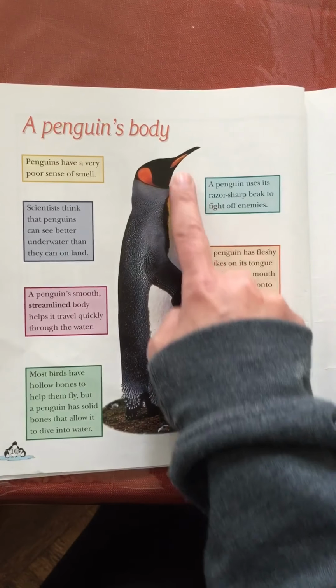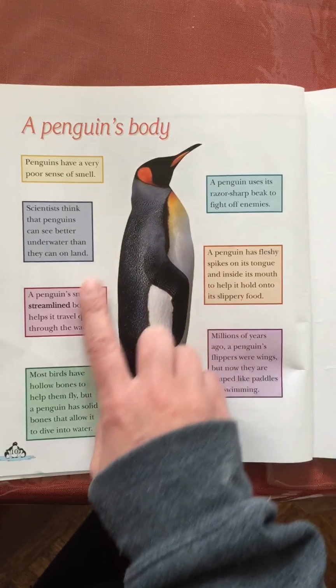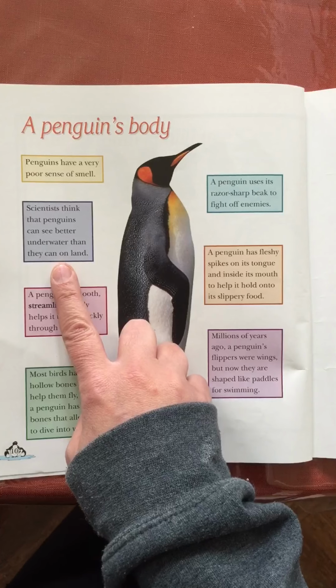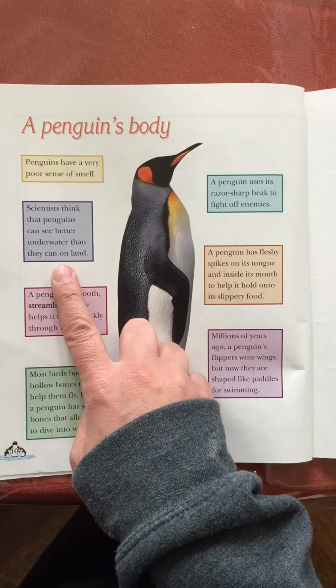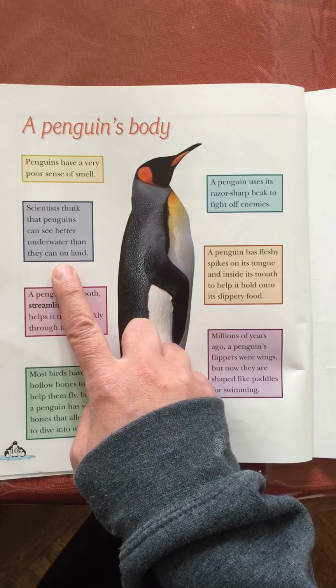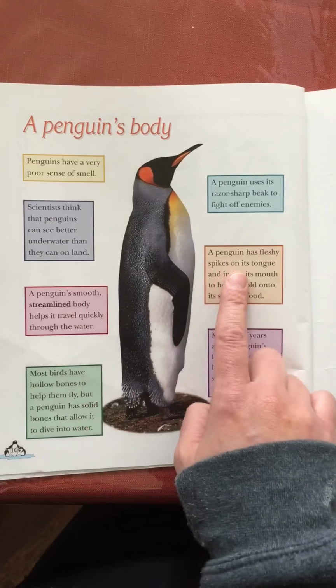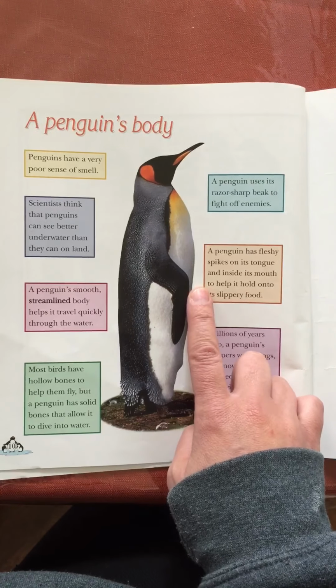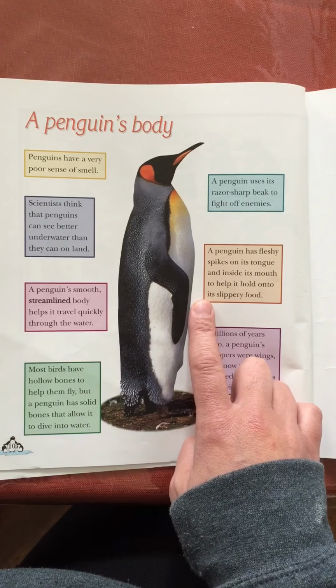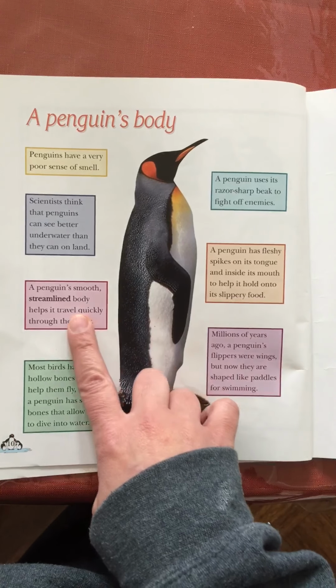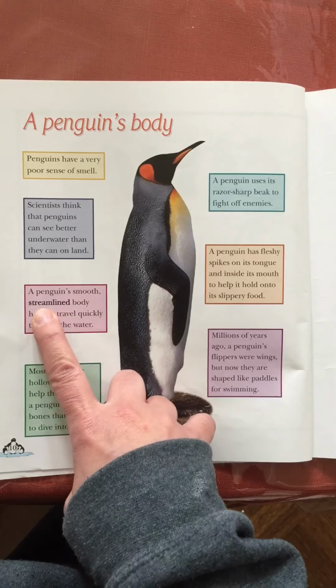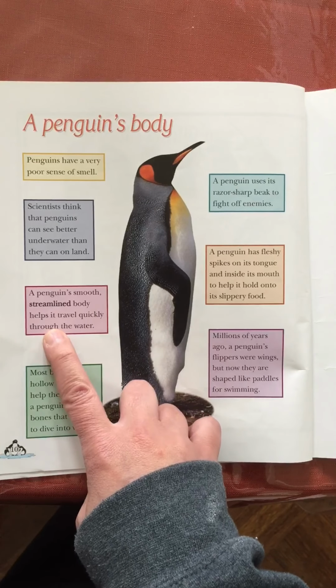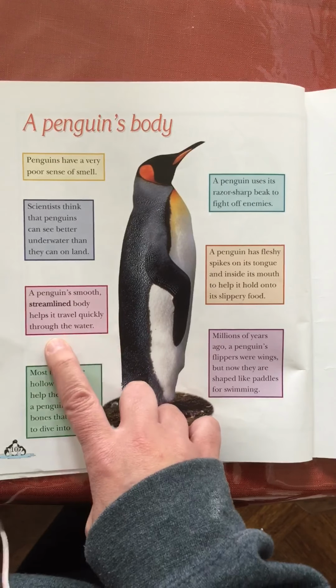A penguin uses its razor-sharp beak to fight off enemies. Scientists think that penguins can hear better underwater than they can on land. A penguin has fleshy spikes on its tongue and inside its mouth to help it hold onto its slippery food.